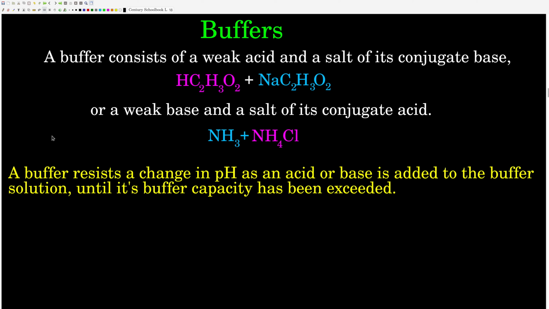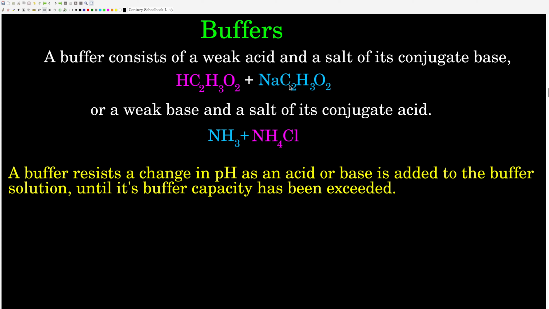So, for example, acetic acid is a weak acid. When I say salt of its conjugate base, that just means its conjugate base with a cation, right? A metal cation. I chose sodium, could have been potassium, or any other soluble cation here that would neutralize the charge.